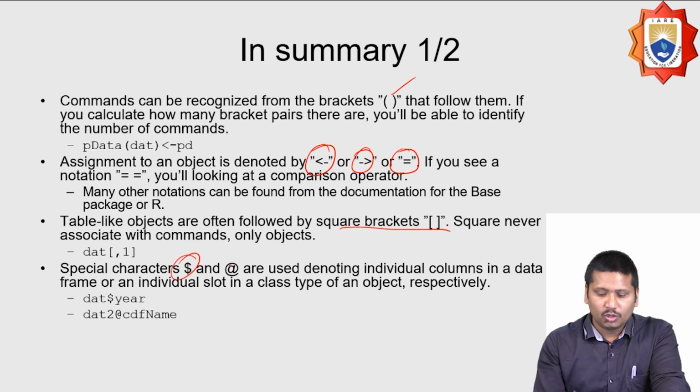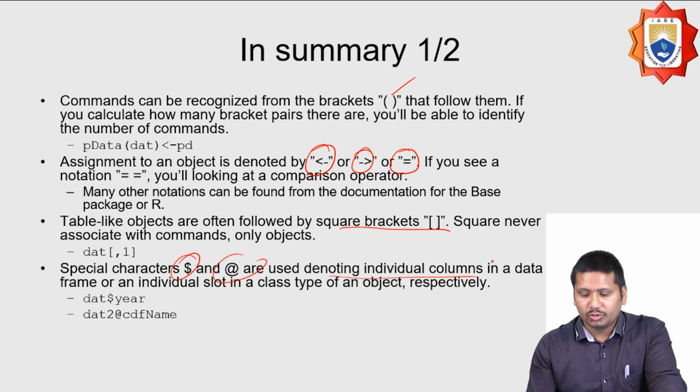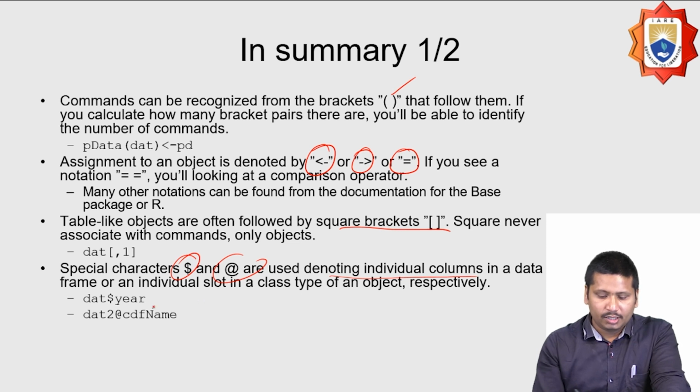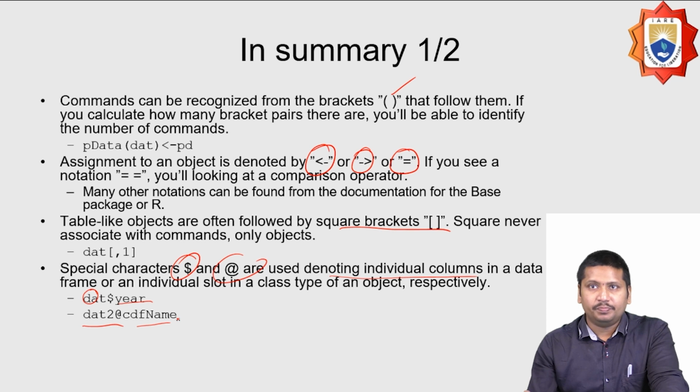Special characters like dollar and at sign are used to define individual columns in a data frame or an individual slot of a class-type object respectively, like data dollar here and data at name.